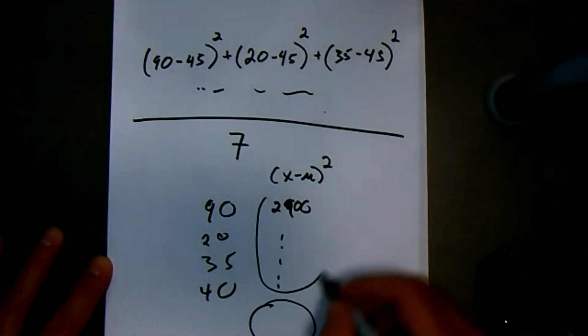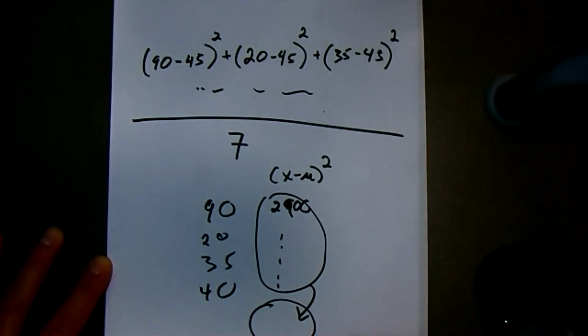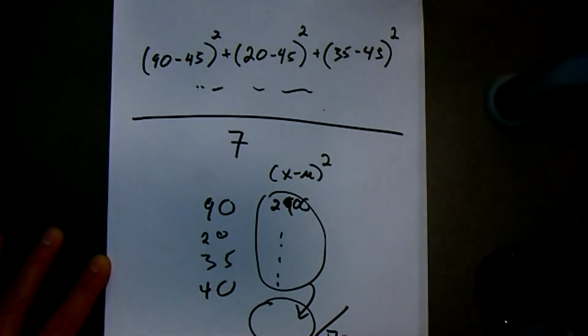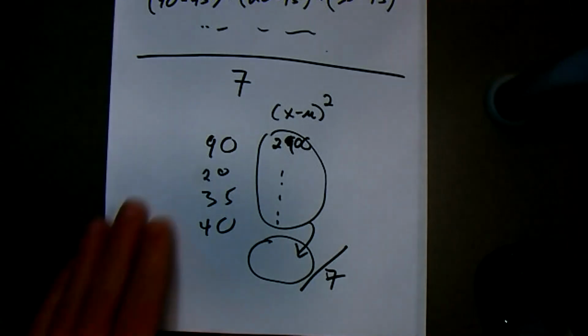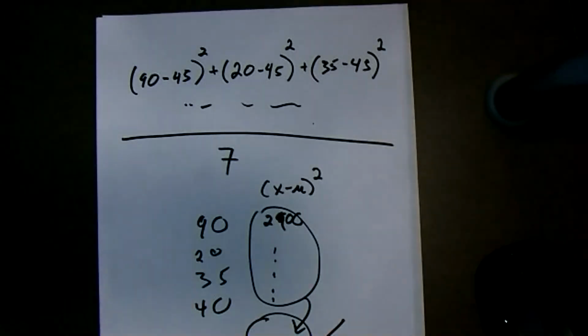Then I would add them all up and divide by the total number of observations. So either method's fine. I would say doing it this way is probably better if you have a small calculator. And the first way, if you have a graphing calculator and you're comfortable using it, is probably a little bit easier. Okay?